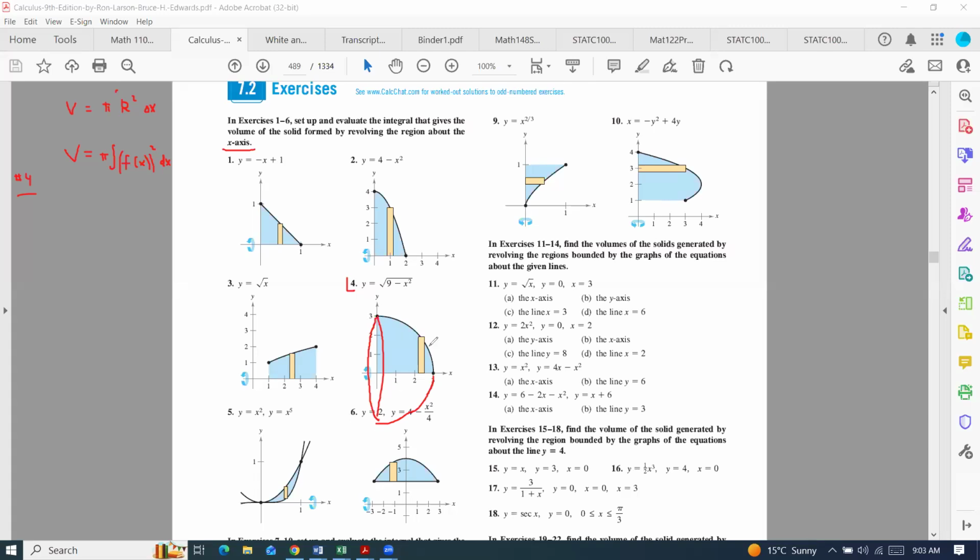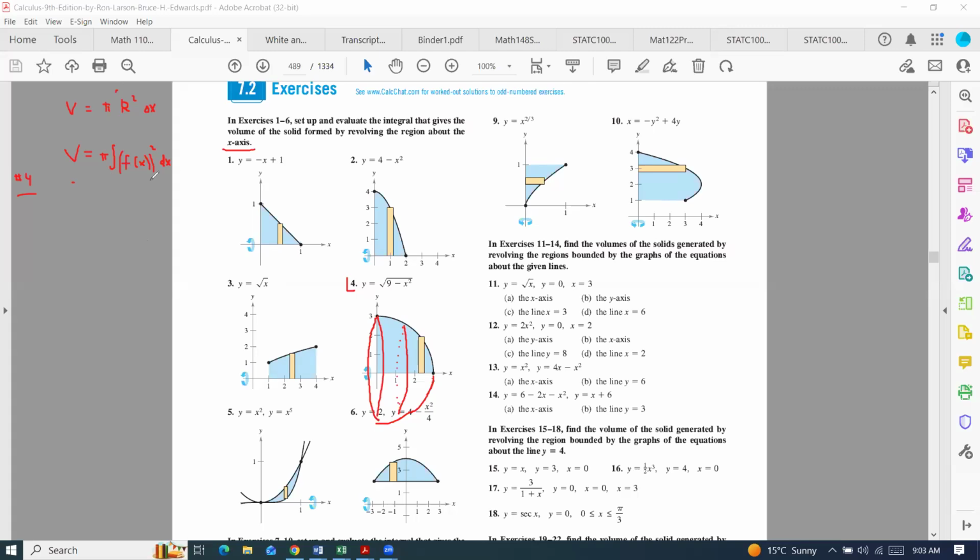So if you imagine this figure, it's like a ball cut in half. If you know the formula for the volume of that ball, you could probably not use integration, but let's say we still use it.